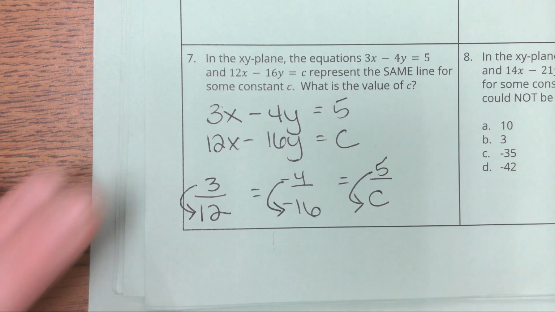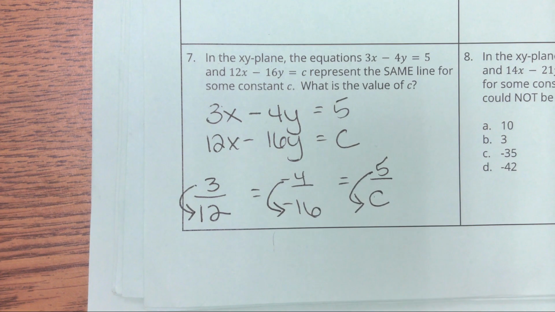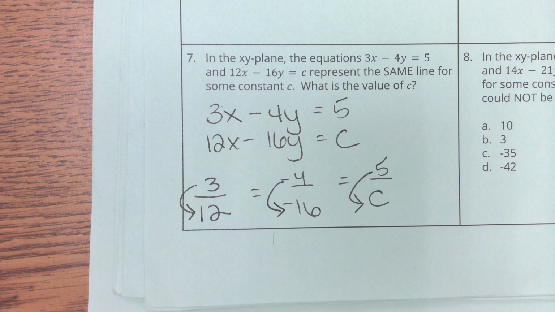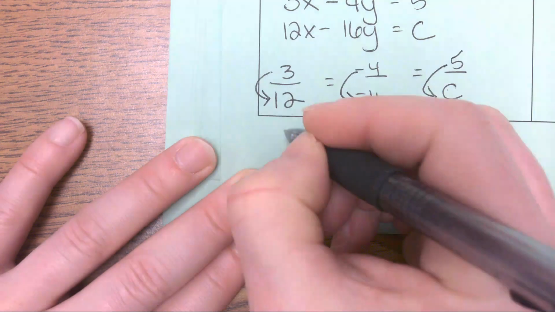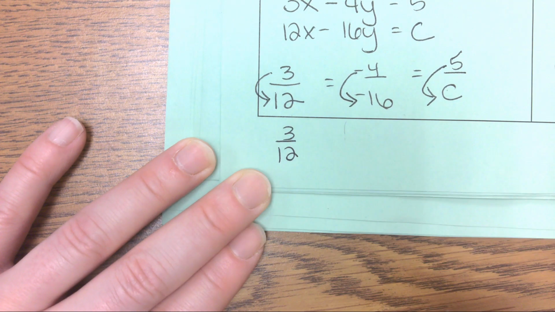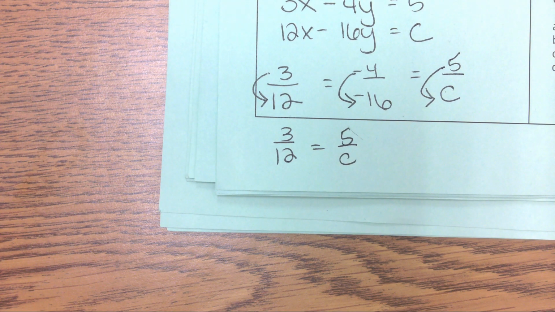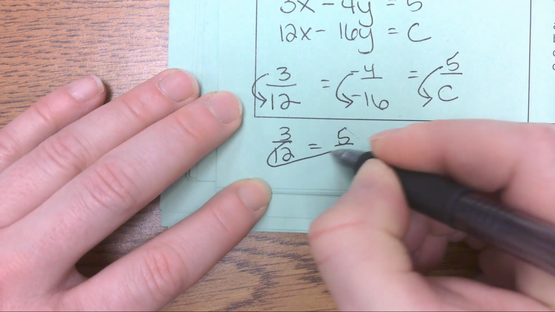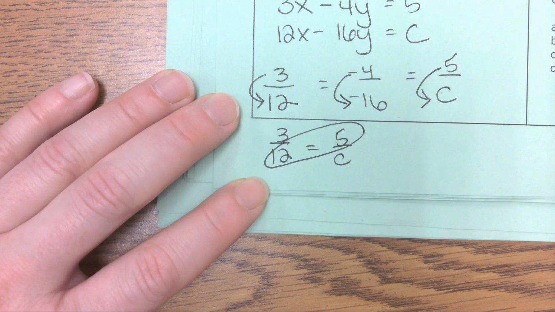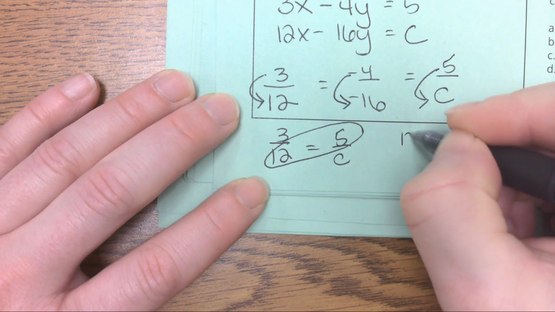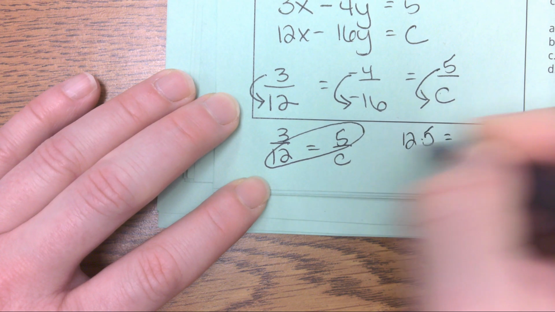But let's say you couldn't see it. What you could take is one of these fractions and set up a ratio and proportion like this. Do you remember earlier in the year how we solved something like that? Yes, cross multiplied. So we do 12 times 5 equals 3 times c.